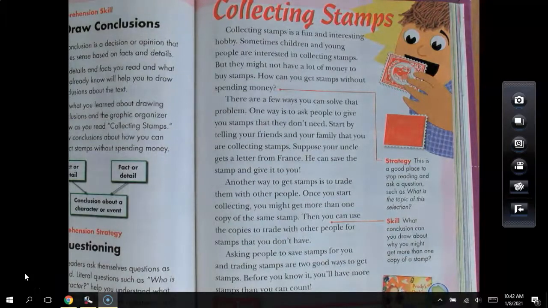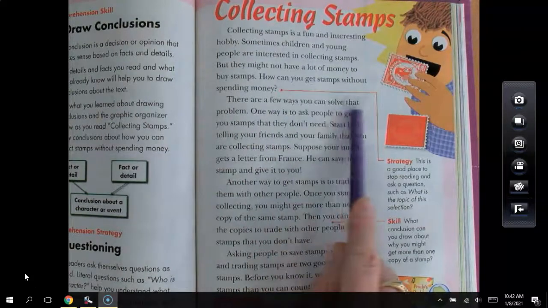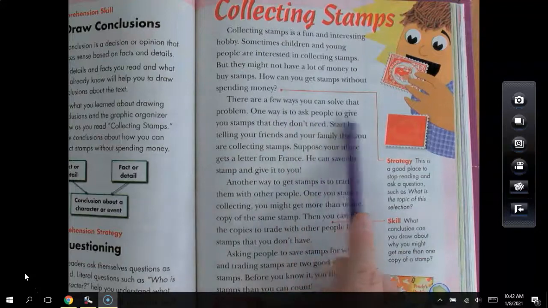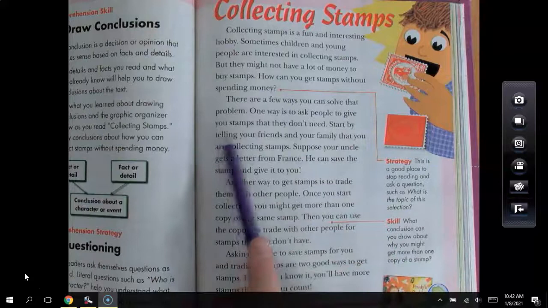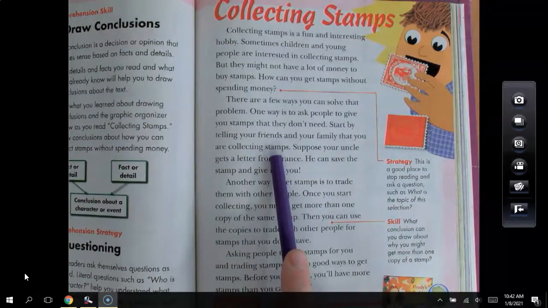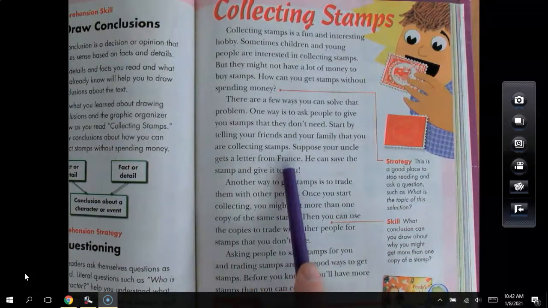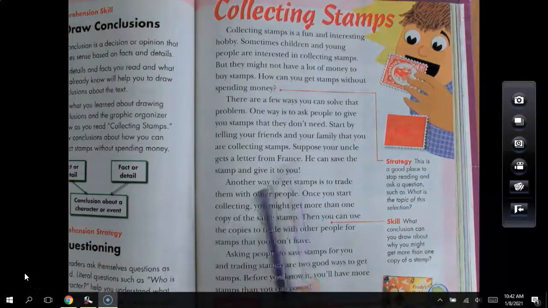Let's figure that out. There are a few ways you can solve that problem. One way is to ask people to give you stamps that they don't need. Start by telling your friends and your family that you are collecting stamps. Suppose your uncle gets a letter from France. He can save the stamp and give it to you.